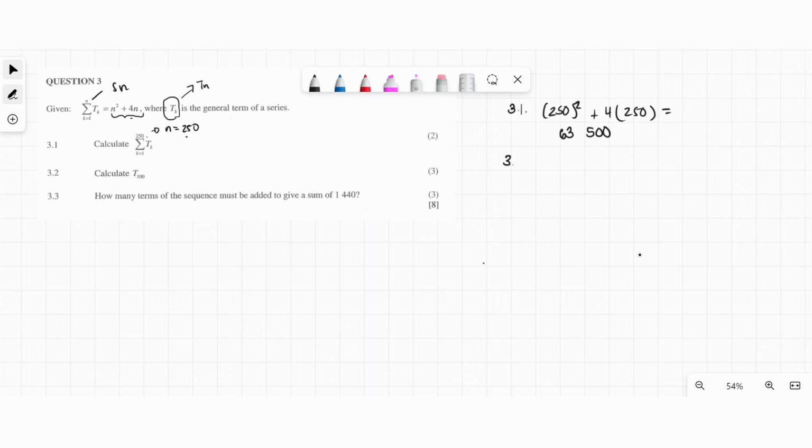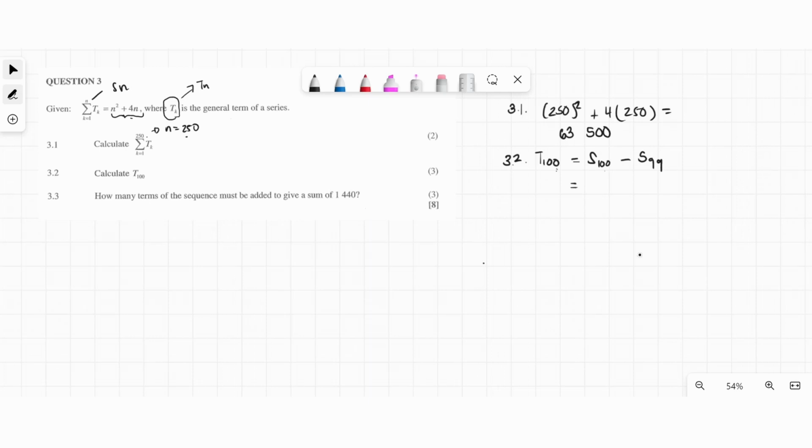Then 3.2, they gave us the Tn, so they gave us T100. They wanted to calculate, right? So T100 is the same as what? We need everything in terms of S as the sigma, because that's what we're given here, the sigma. So it's the same as saying S100 minus S99. So it's the number that they give you, Tn first, then subtract the number before it, right?